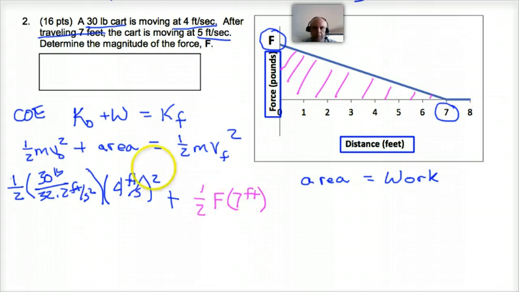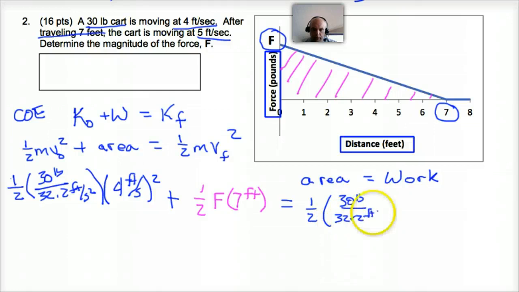Okay, that's going to be equal to our final kinetic energy, 30 pounds over 32.2 feet per second squared, and our final velocity. Every one of these terms will have units of pounds and feet.